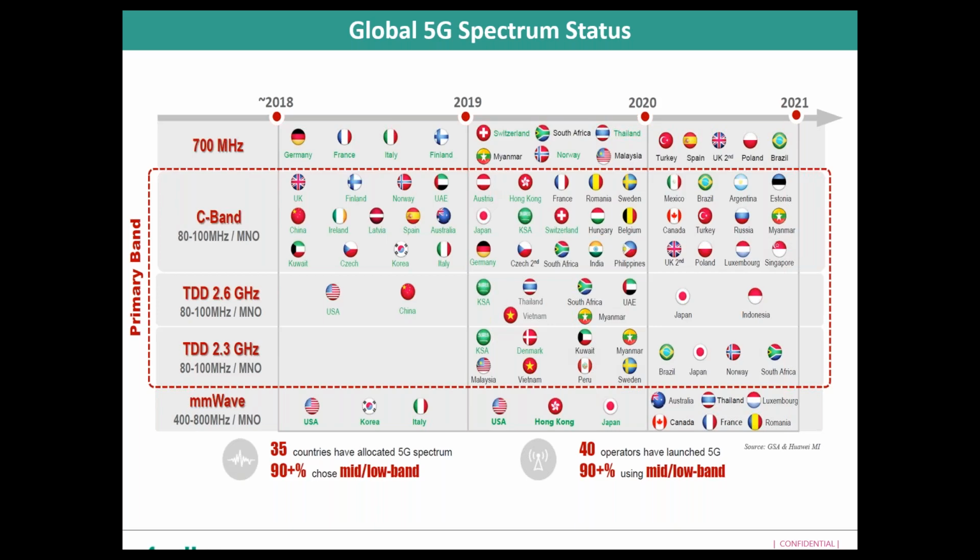If you look at the overall market, and I focus mainly on the North American market, the major deployment started on FR2, which is called frequency range 2, or millimeter wave. And here and there, there was a little bit of FR1 deployment, with respect to 600 megahertz and 2.5 gigahertz from some of the operators.